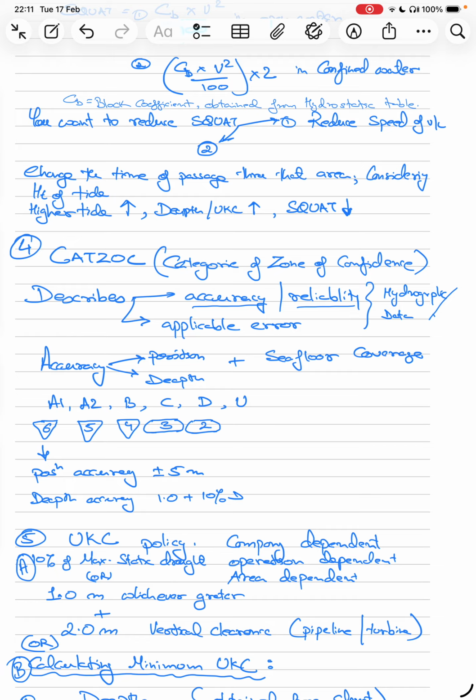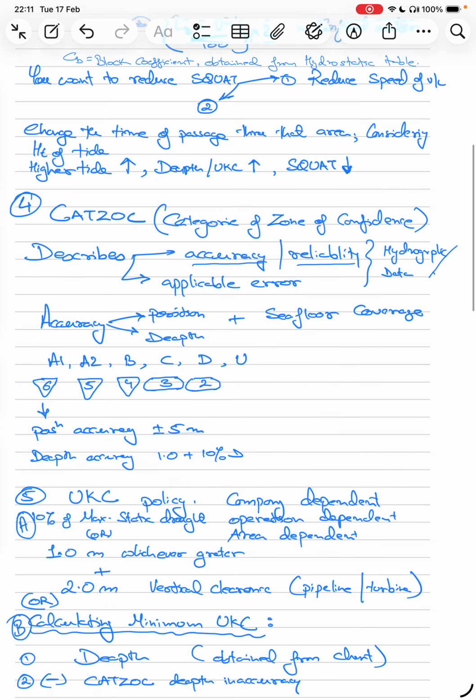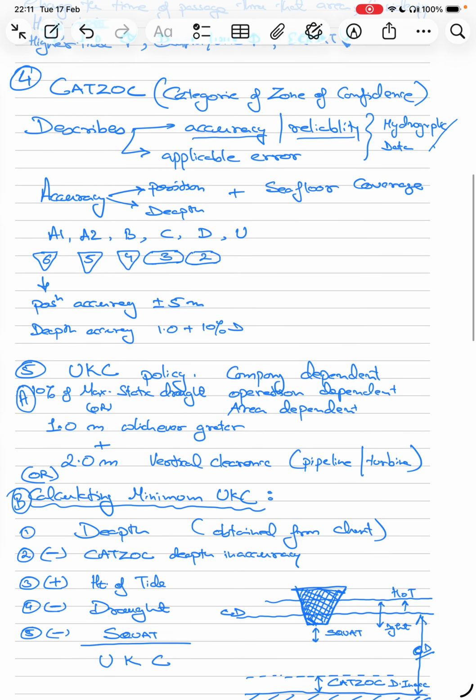What things do we get from CATZOC? CATZOC basically gives us three pieces of information. It gives us information about the accuracy of position of that particular place, accuracy of calculation of depth of that particular place, and the seafloor coverage. CATZOC has got six varieties or six levels.